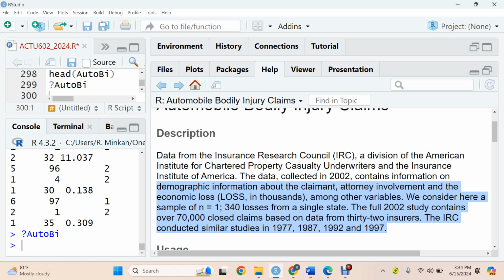The full study contains over 70,000. So if you want to use this data, you track back to the IRC website. If it is not there, you can send an email, or sometimes they put it in a data bank that you can have access to. So that is a real data set that you can use for a study. Is that okay? Okay, good.